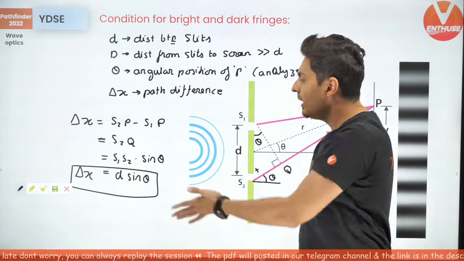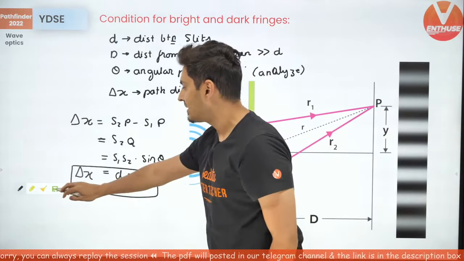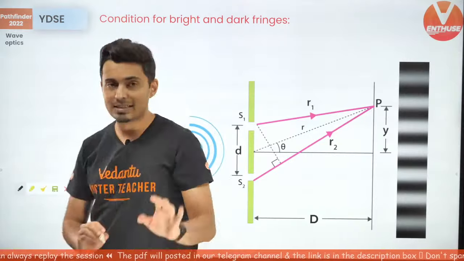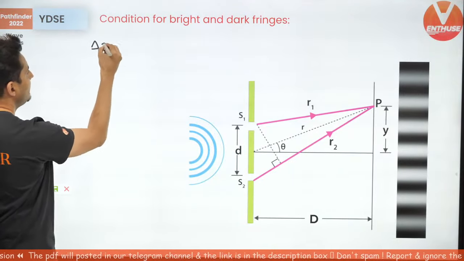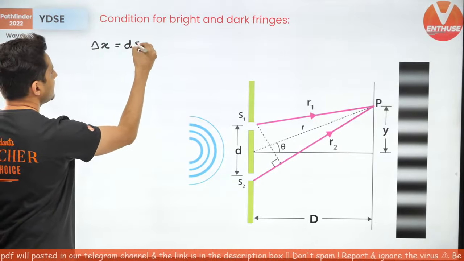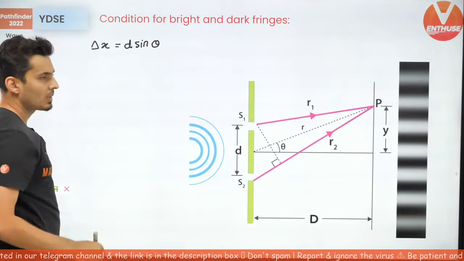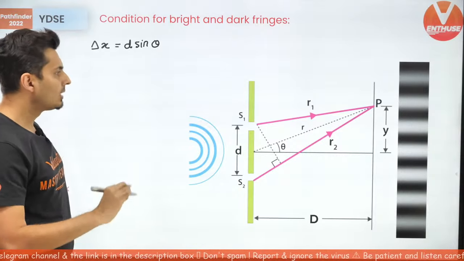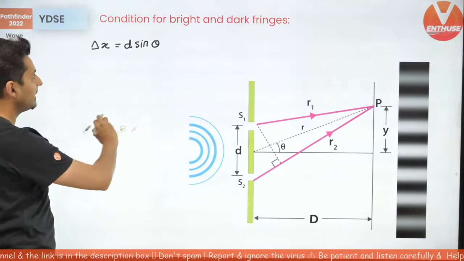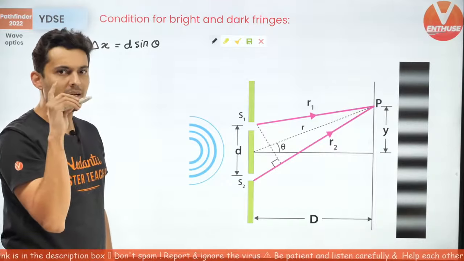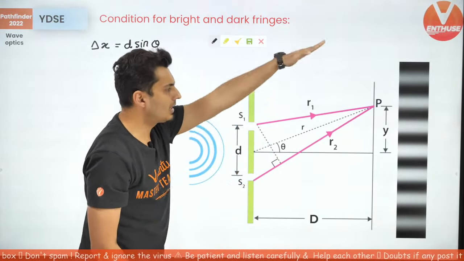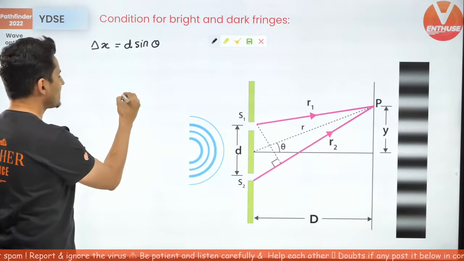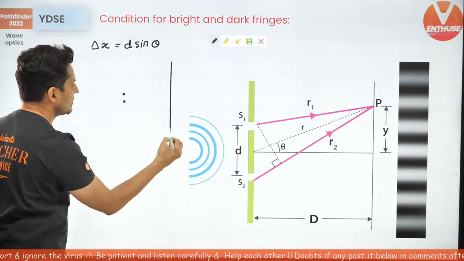Now that we know the path difference is d sine theta, memorize this. Let's make use of it now. The next approximation I can do is that these angles are generally small, because your slits will be here and this is your screen.